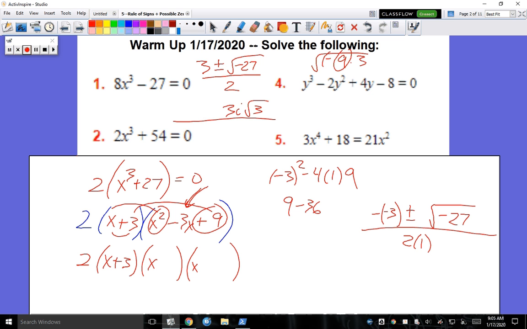Okay, so the 9 and the negative 1 came out as 3i. You with me? Yeah. So we get x is equal to negative 3 and 3 plus or minus 3i root 3, all over 2. And yes, some of you might elect to do 3 plus 3i root 3 over 2, comma, 3 minus 3i root 3 over 2. And that's okay.